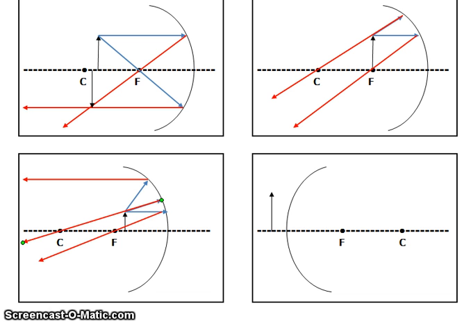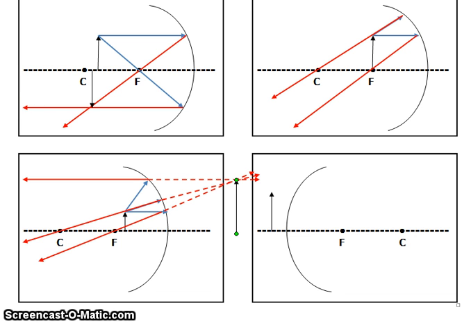We represent that with dashed lines. So we're going to make dashed lines that we extend back behind the mirror from each of our reflected rays. The point where these dashed lines intersect is where your brain sees the image.